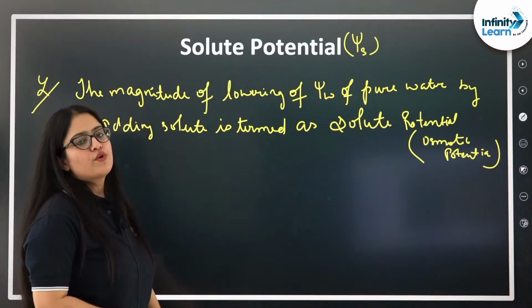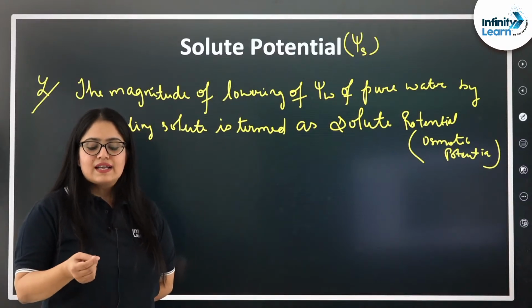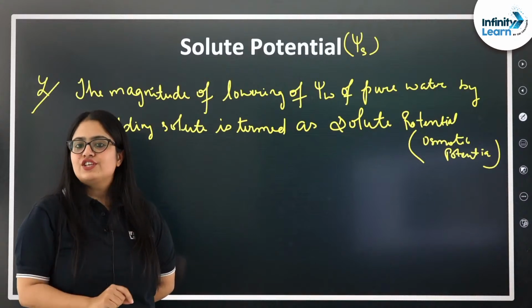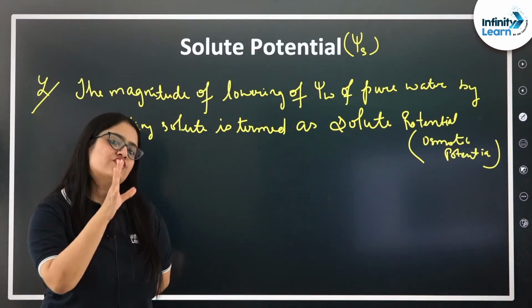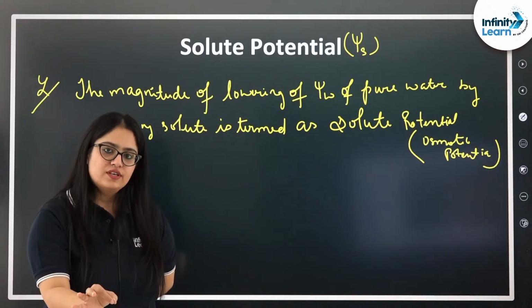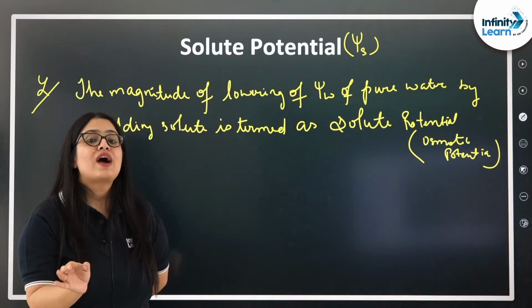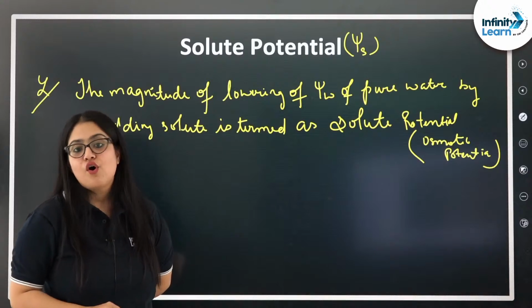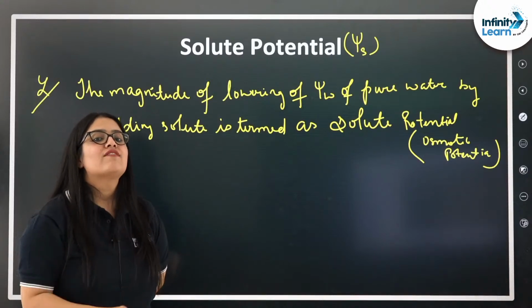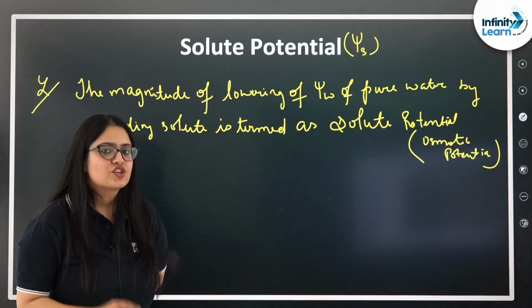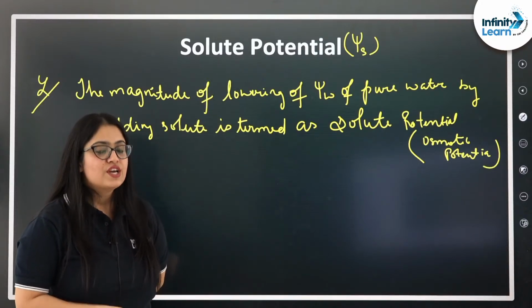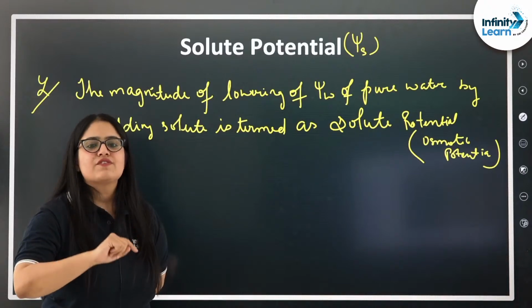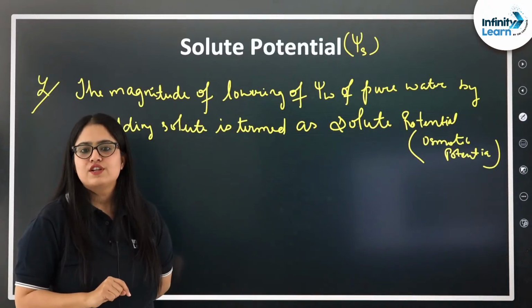Always remember one more important point, students: increasing the concentration of solute in a solution is going to have a negative effect on the water potential. I repeat myself, increasing the concentration of a solute is going to have a negative effect on the water potential of a solution.